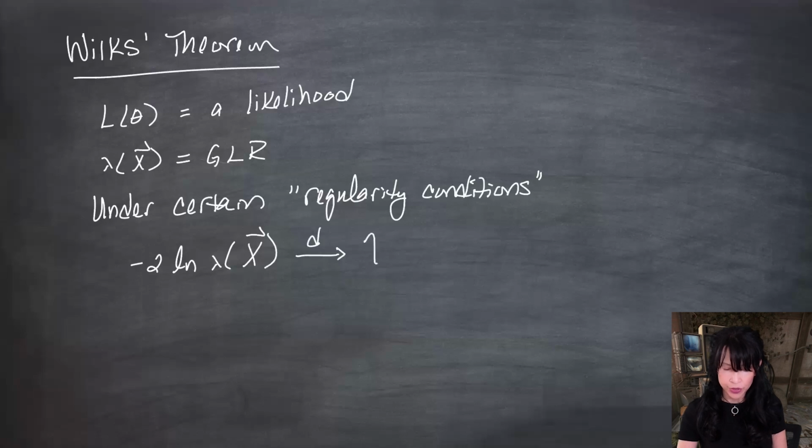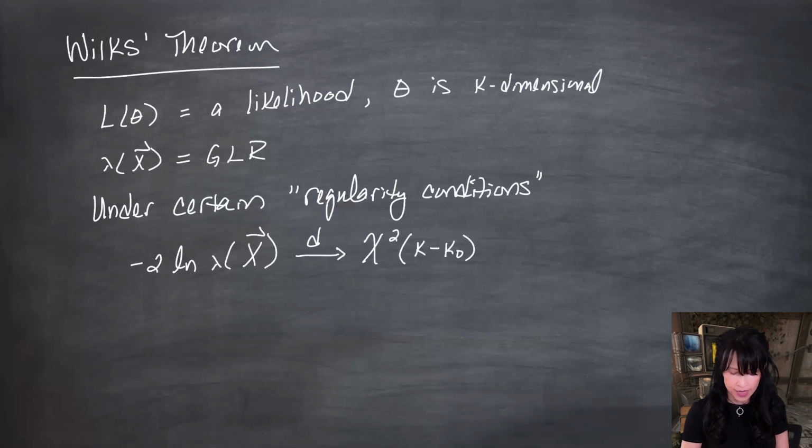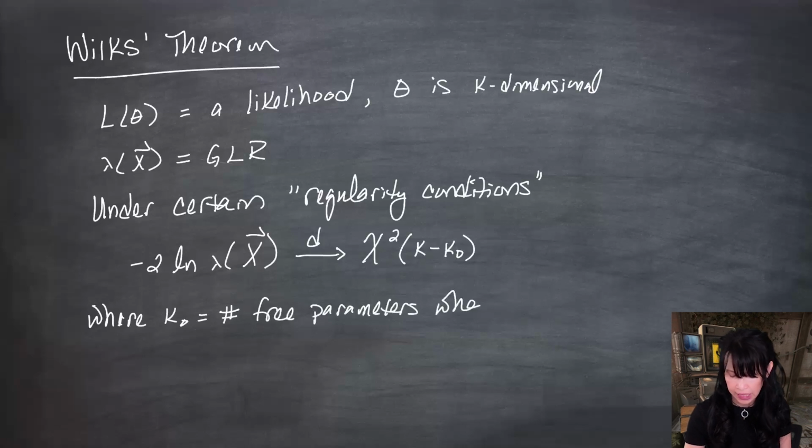converges to a chi-squared critical value with k minus k naught degrees of freedom. I need to define these. So let me up here say that theta is k-dimensional, and over here say where k naught is the number of free parameters when the null hypothesis is true.